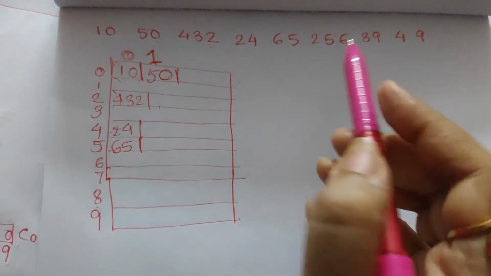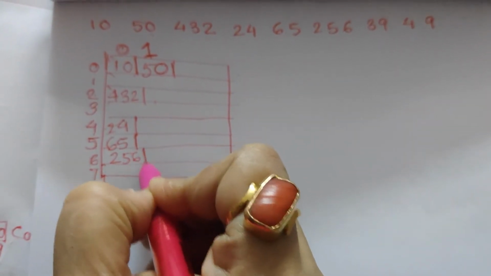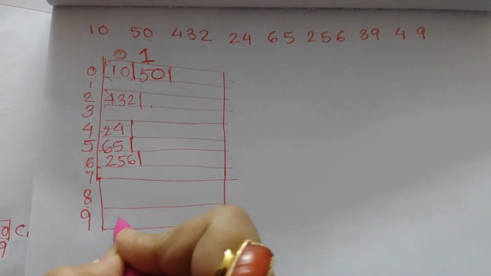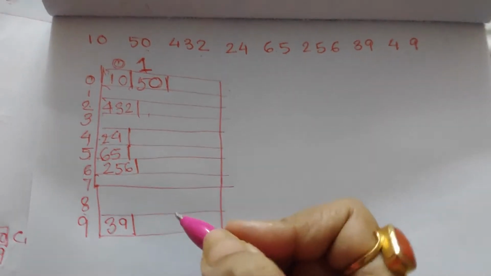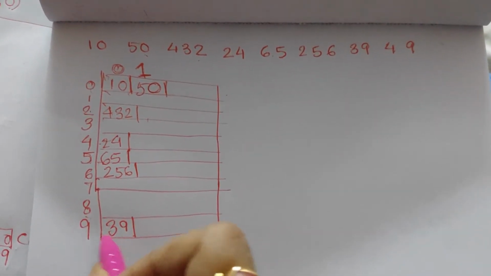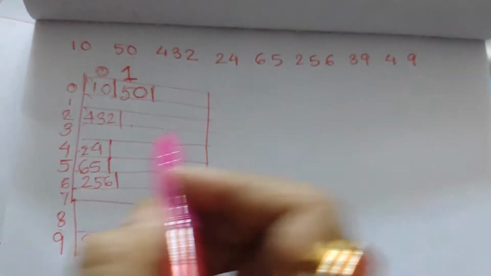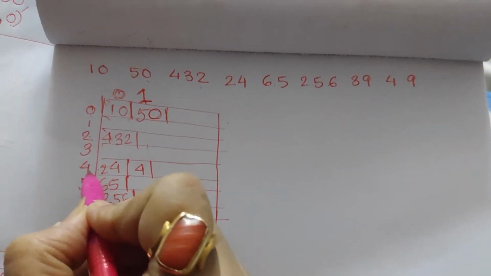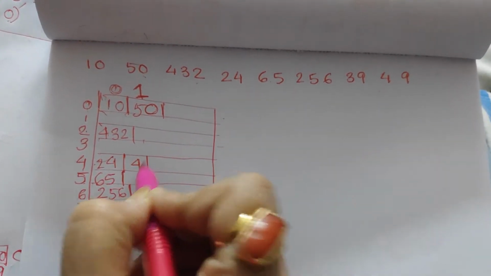Right? 256. 256 will be the first element of this particular row that has got 6 as its number. 39 will be the 0th element of the row that has got row number 9. 4 will be inserted as the first element of the row for 4, since the 0th element was 24 and the first element will be 4.